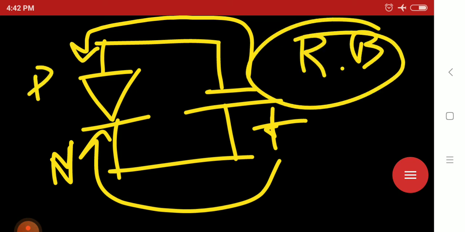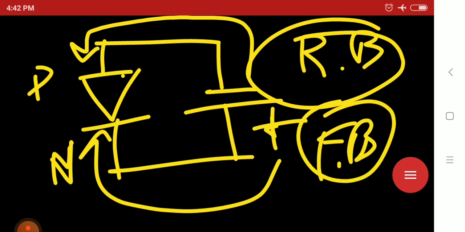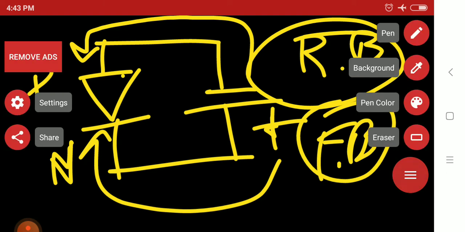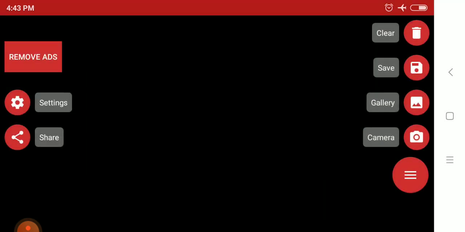If it occurs vice versa, that means the positive portion is attached to the P side and the negative portion to the N side, then it will be forward biased. That is what occurs for the normal diode.